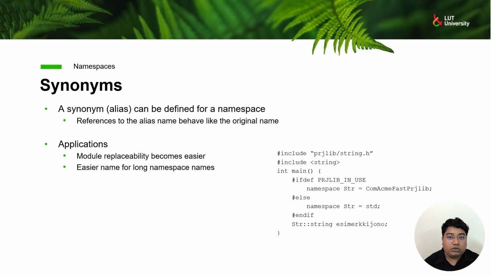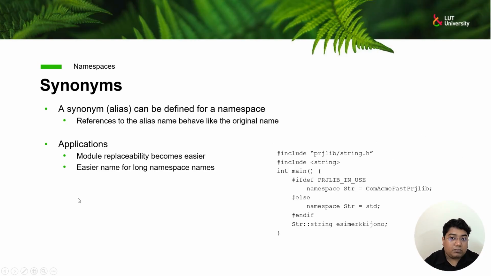So, why would you want to do that? Well, I have two big reasons for you. It makes it much easier to swap one module out for another later without rewriting every line that uses it, and it gives you a short, friendly name to stand in for something painfully long. So here we have an example.